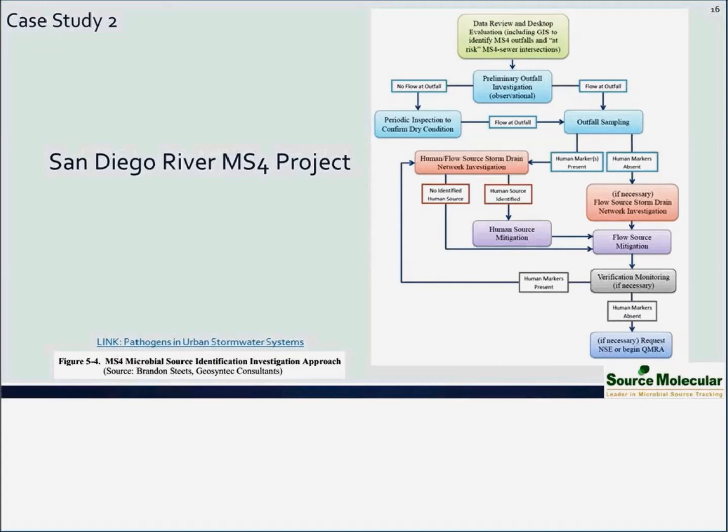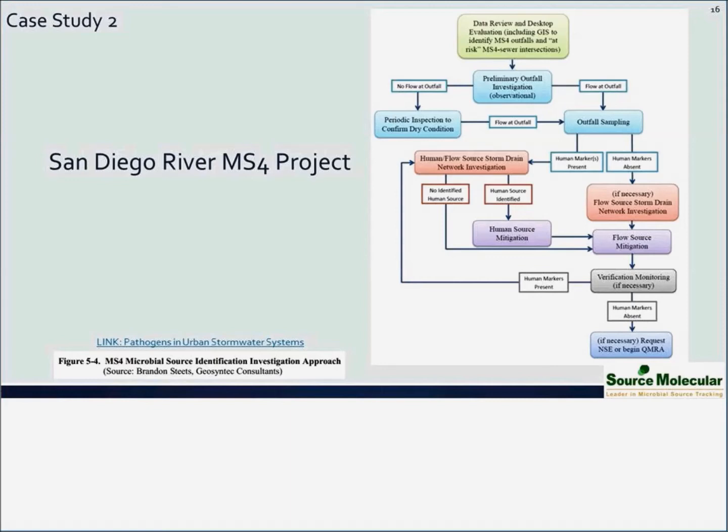And so the first step, looking at your data review, evaluating your GIS information, doing an observational investigation of what's going on. Do you have flow or do you not have flow? And if finally you do have flow in your discharge, then you go about testing for human fecal indicators.